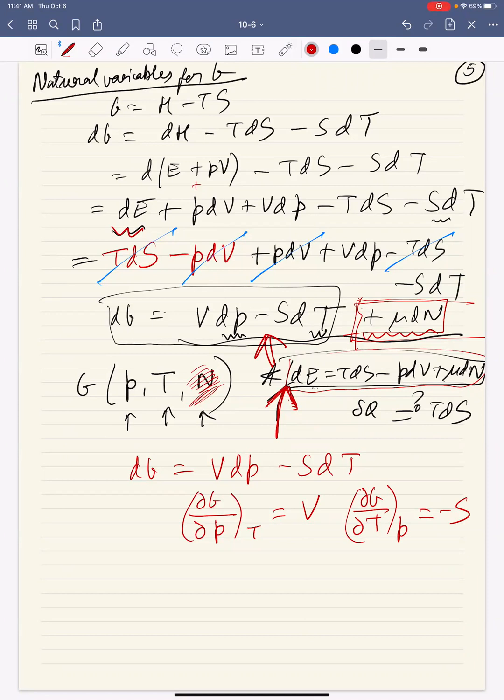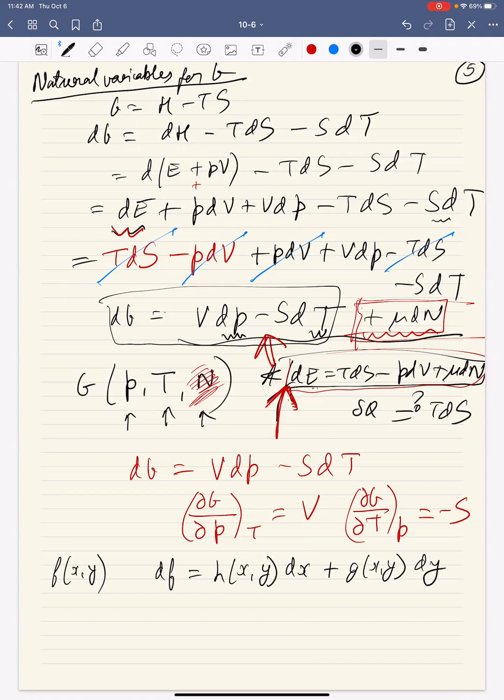We can do something else, which is a bit non-trivial, and you have to remember a bit of your calculus. If some generic function f of x, y can be written in the following form: df is equal to h of x, y multiplied by dx plus g of x, y multiplied by dy, then there is a condition on h and g. Anyone remembers that condition, and the name for that condition?